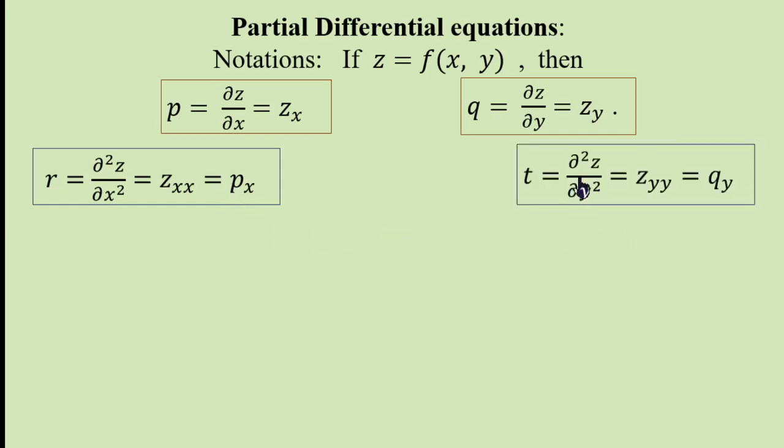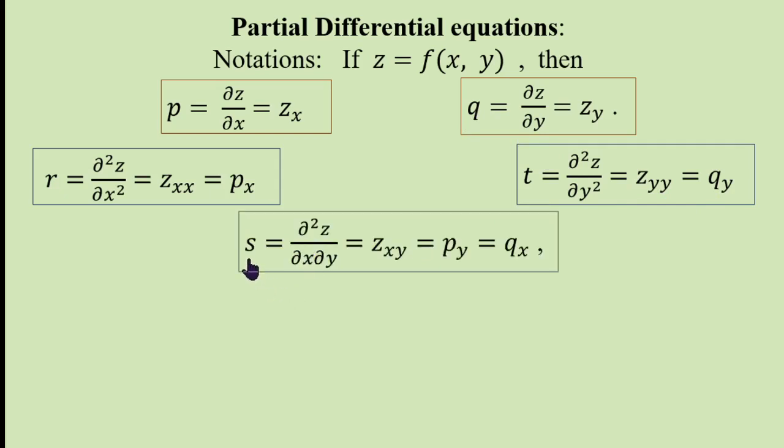Similarly, T is ∂²z/∂y², that is zyy. Zy is Q, differentiate Q partially with respect to y, that is T. Now mixed partial derivatives, second order derivatives mixed one, that is S, ∂²z/∂x∂y, or ∂²z/∂y∂x, both are same. So you can write it as P partial derivative with respect to y, or partial derivative of Q with respect to x, that is S.